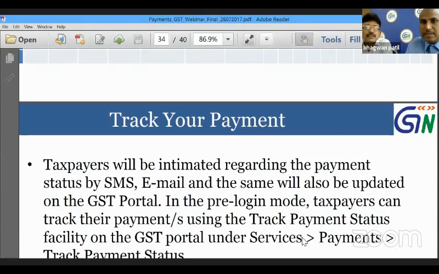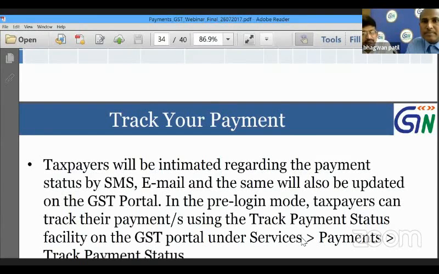Reverse charge. Actually, reverse charge is a new mechanism. It is a concept borrowed from central excise, but it is similar to the concept of purchase tax. If you are a registered taxpayer and you are purchasing any goods from a person who is not registered, that is, he is unregistered, the liability of purchase tax will lie with you, and you have to pay that amount, and you can get the credit of that amount.